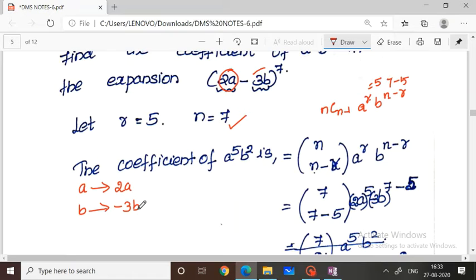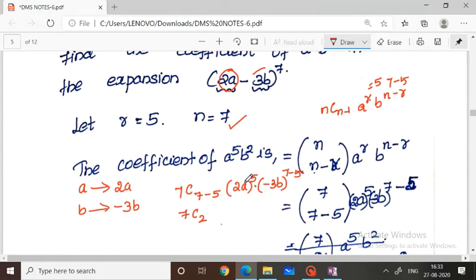So how will our answer come? nc r, that is 7c 7 minus 5, nc n minus r into 2a raised to 5 into minus 3b raised to 7 minus 5, that is equal to 7c2 into 2 raised to 5.